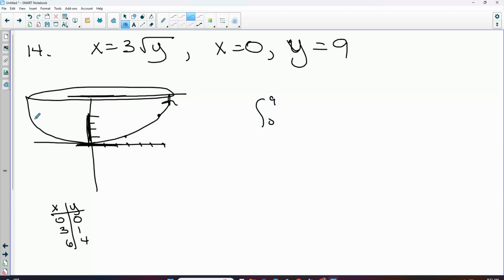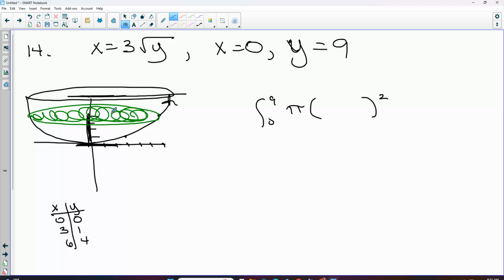If we look at a cross section, what shape is our cross section? Circle. So we just did the area of a cross section. That's pi times the radius squared. And then we have to decide what we're working in terms of. Now here's where it's a little bit tricky.